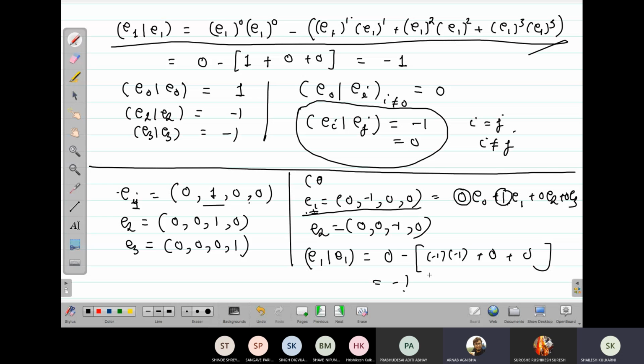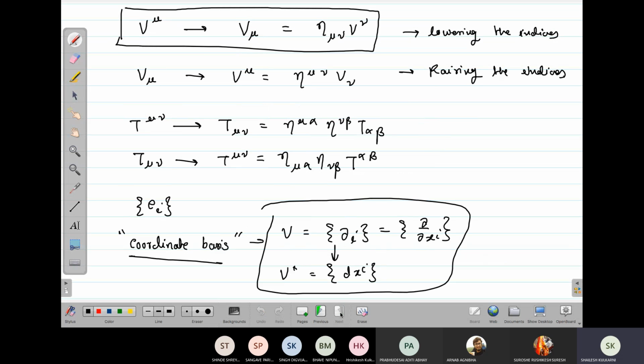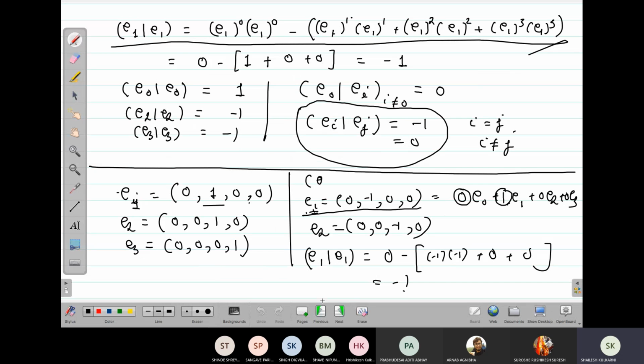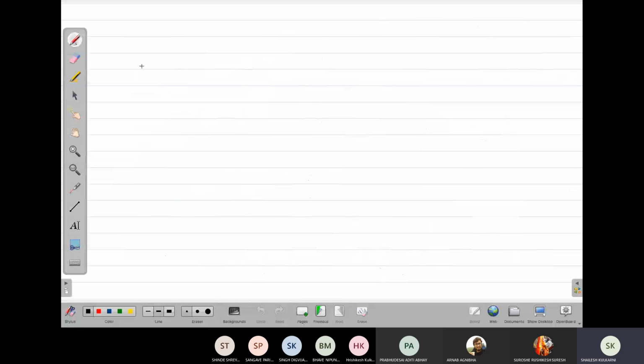Sir, can you give any reference of any book for this formulation of tensors using transformation? There is no exact reference as such, but the one I forgot the initial of is Lichnerowicz.